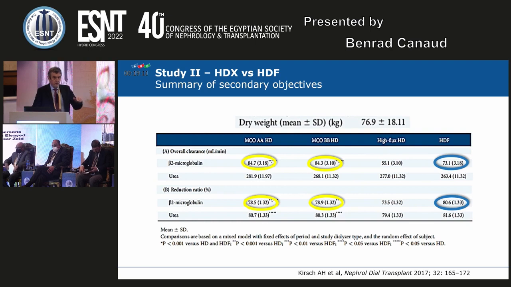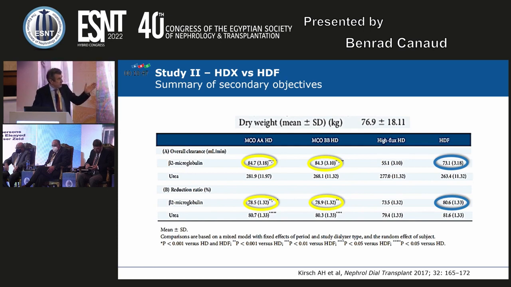Clearances or percent reduction. I just selected this study from one of the first, from Kirsch, showing that if you compare different MCO membranes, A and B, versus hemodiafiltration, on the top you get overall clearances of beta-2M. I'm not interested in urea. In that case, we just look at the middle molecular substances.